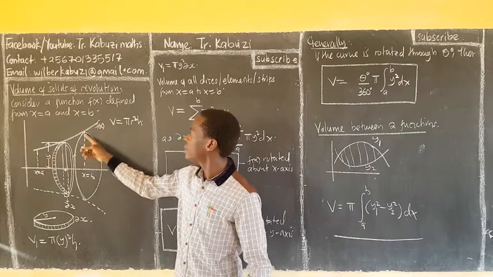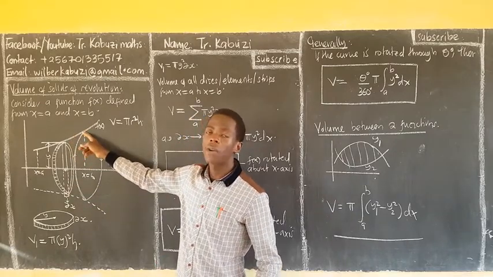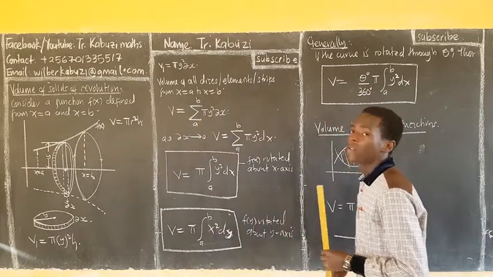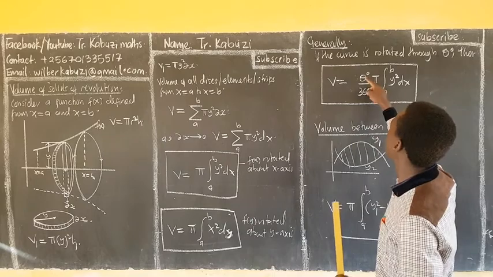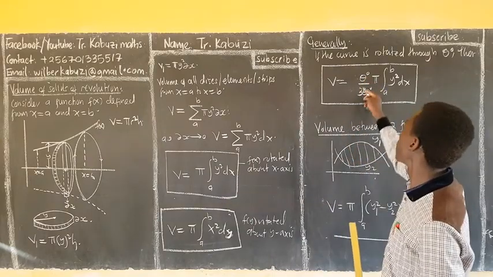Rotating from here to the other side, the angle of rotation is 360 degrees. So if your angle of rotation is 360 degrees, you put theta as 360 and come back to this, because the fraction will be 1.